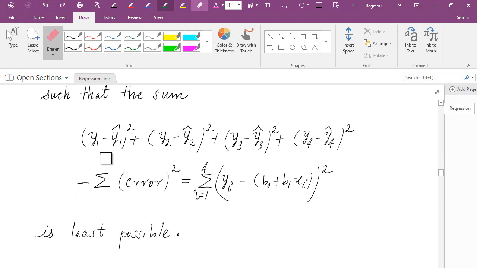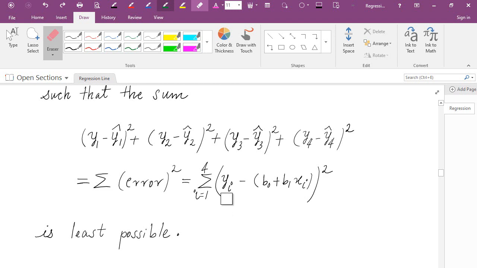So this is the sum of the squared distances, and in short we use the summation notation sigma to denote this sum. So this is the summation of the squared errors, or we can write the summation, i going from 1 to 4, because we have 4 data points, of (yi minus (b0 plus b1 xi)) squared.